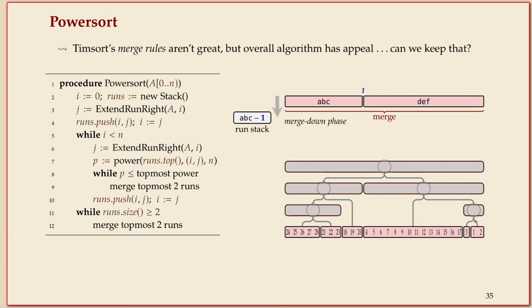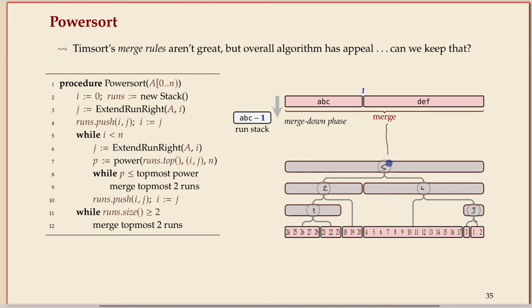And finally, we merge the last two, which is the root. Okay. So if you paid attention, we did this one first, then this one, then this one, then this one, then this one. But it's a little easy to lose the order in the animation.